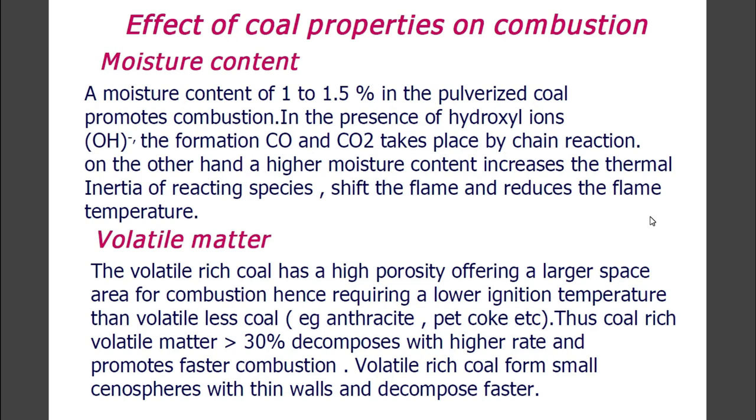On the other hand, a higher moisture content increases the thermal inertia of reactant species, shifts the flame and reduces the flame temperature. The volatile rich coal has a high porosity, offering a large surface area for combustion, hence requiring a lower ignition temperature than volatile less coal. Example: anthracite, pet coke, etc.